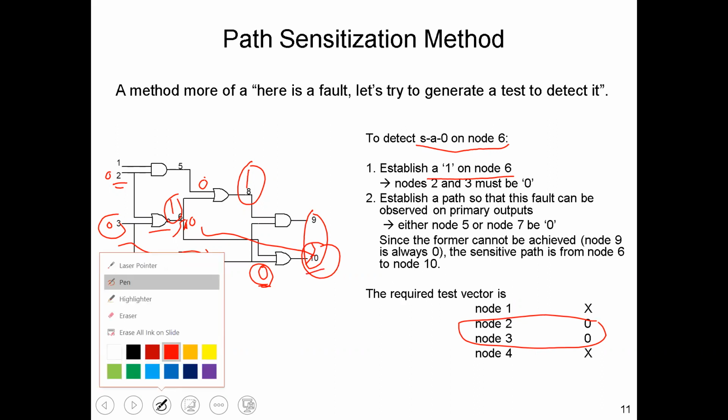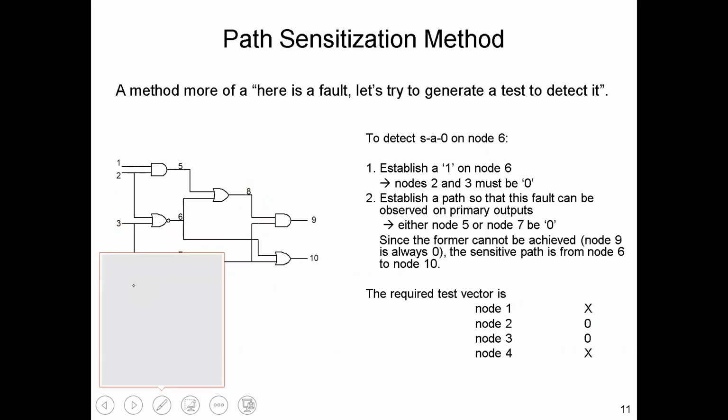Let me write it again. So we set node 2 to 0, node 3 to 0, and node 1 and node 4 as don't care. For a fault-free circuit, node 6 is 1, node 7 is 0, so node 10 will be 1.